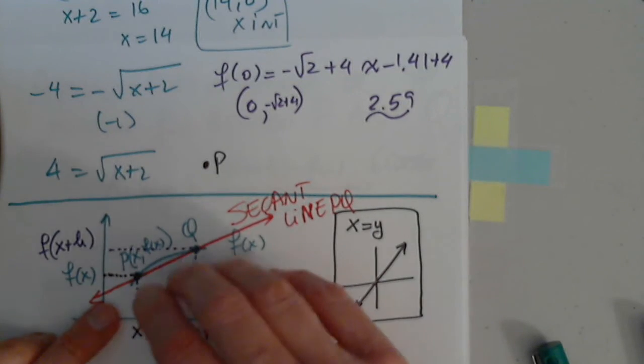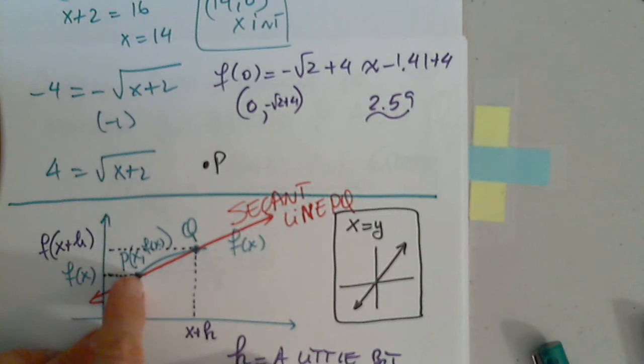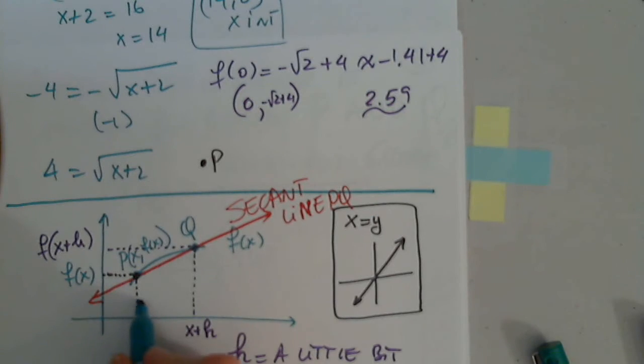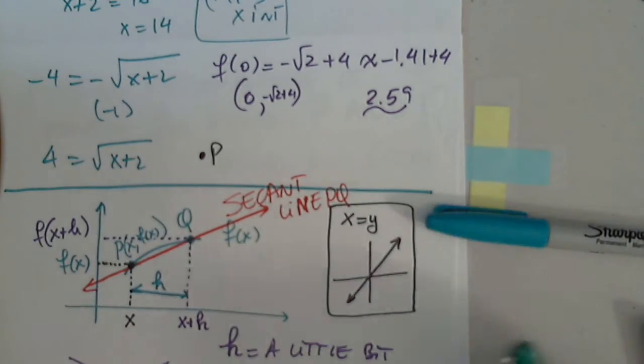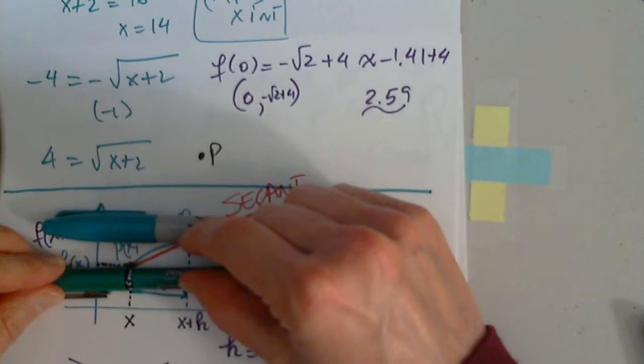So this says that when x increases by this much, y increases by this much.